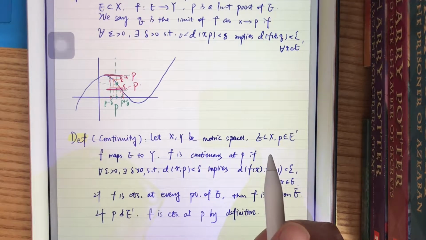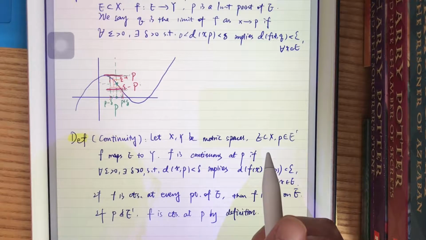We wanted it to be so small, but however small it is, you can always find delta, right? You can always find delta such that the value of the function on that small interval is very close to Q, the limit that you are trying to prove, right?